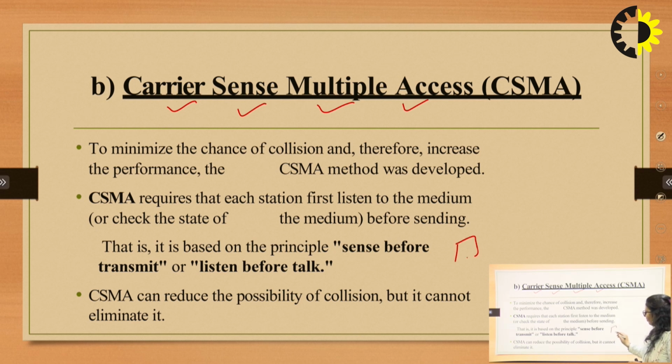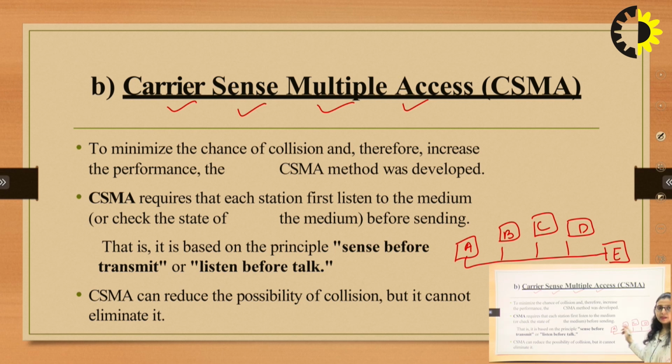Suppose this is a network. A has just sent the data at some time interval T, right? And it has reached B. It means B has sensed that someone has sent data on this channel.